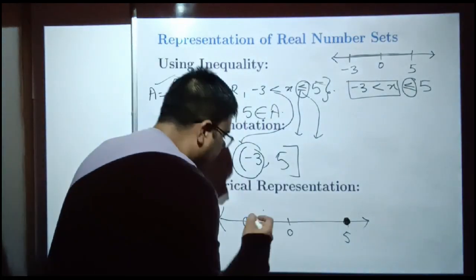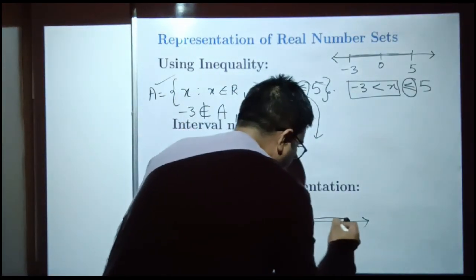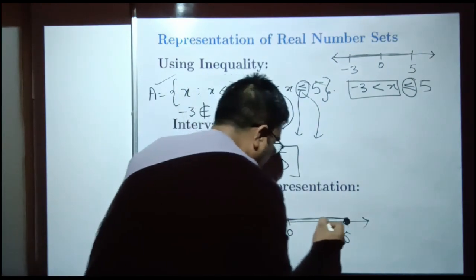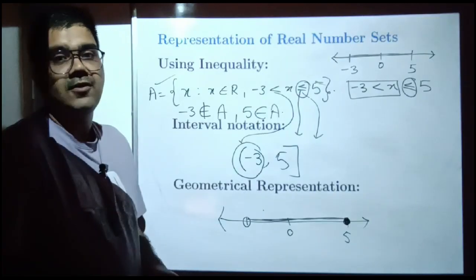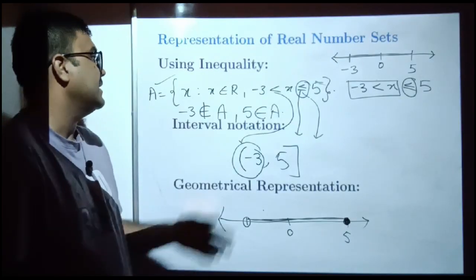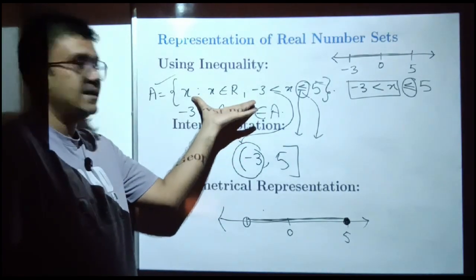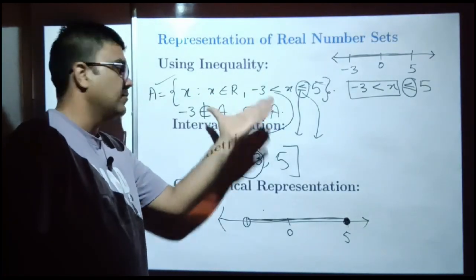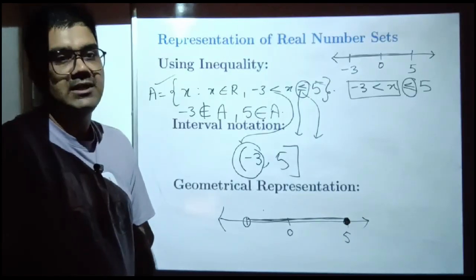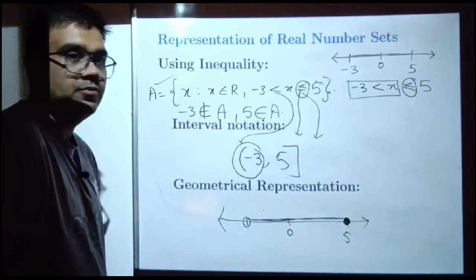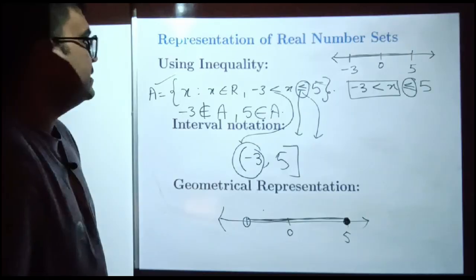All the numbers in between are there, so we represent them with a dark area like this. So this is the representation of a subset of the real line. We can represent it in this form, in interval form, or geometrically. We will discuss these three cases in detail now.